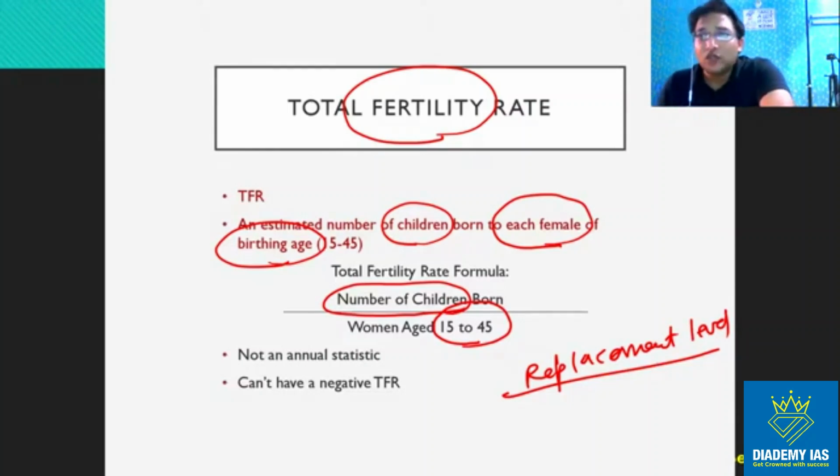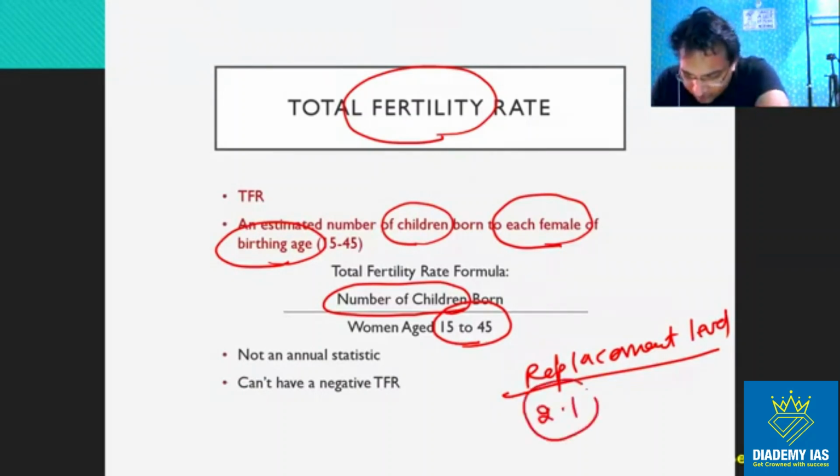Okay, so the concept of 'hum do' (we two) is for replacement, that the couple should be able to replace themselves by producing a particular number of children. So this replacement level is considered to be 2.1, right? Why is this not 2?